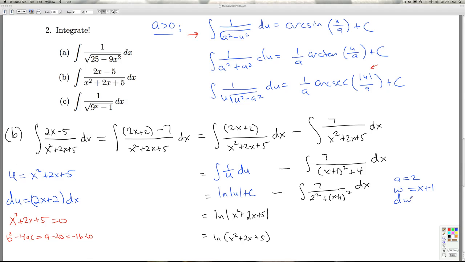The dw and the dx are the same, so I don't need to worry about adjusting any scaling factors, so pretty much I just have a straightforward arctangent. So I've got the 7 there, I can't forget about him. The a is 2, so this would be minus 7 halves arctangent x plus 1 over 2 plus c. And there you get it. So that's one way to do part B.